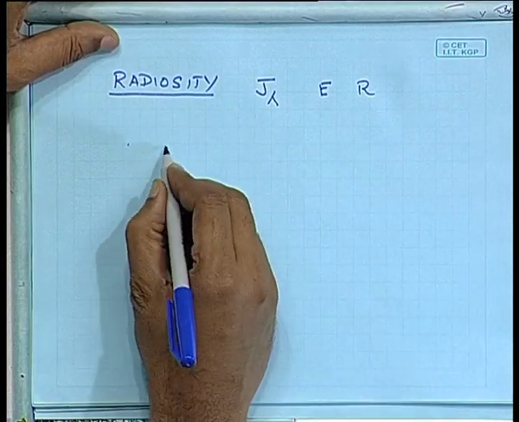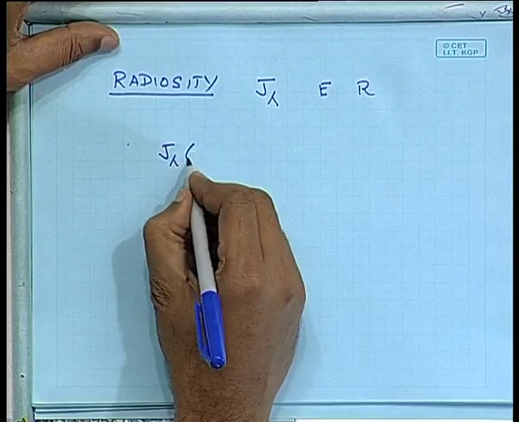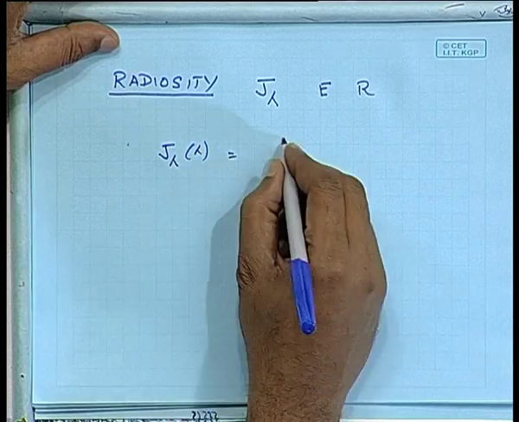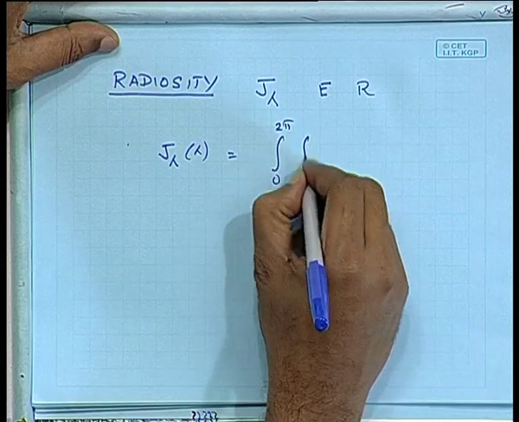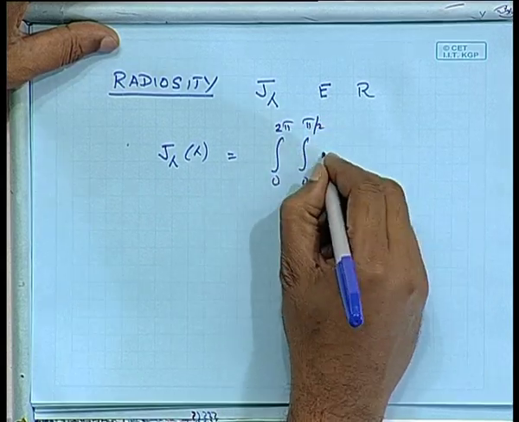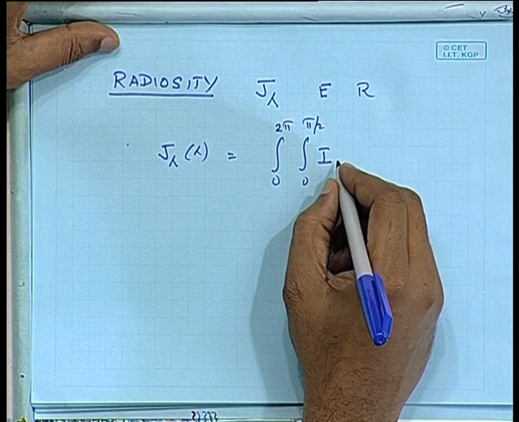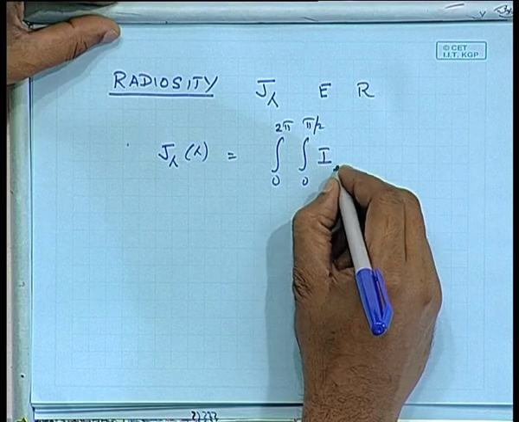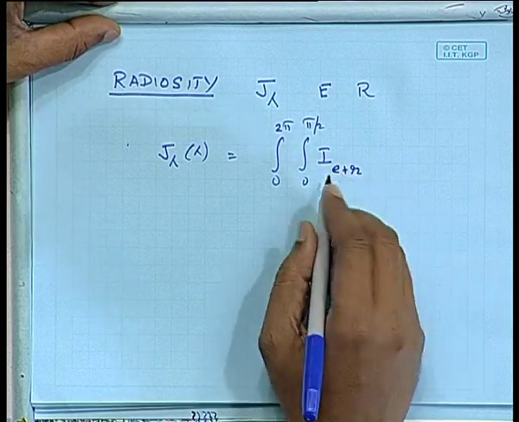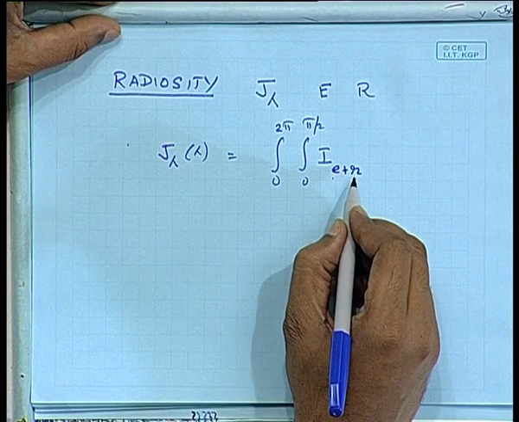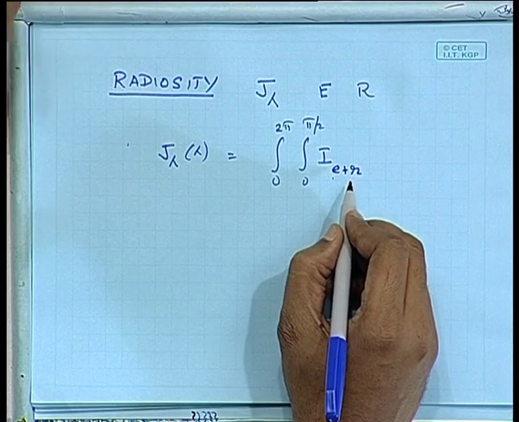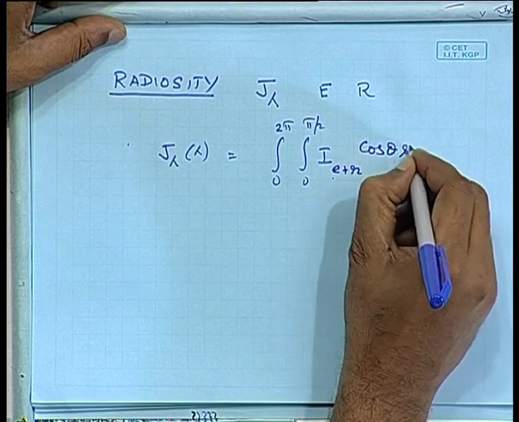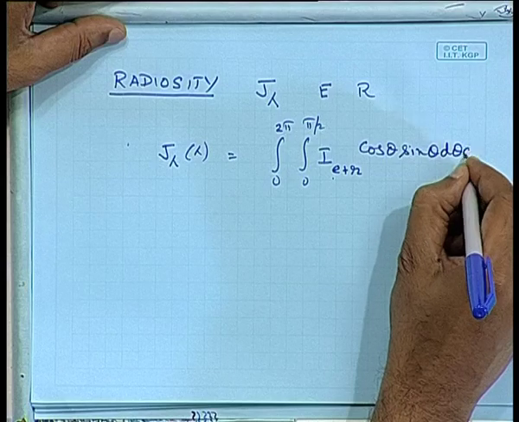So, if we think of the spectral radiosity of a surface into a hemispherical space, the same way as we have done before, except intensity, which we so far know as emission intensity, is going to be replaced by E plus R, emission plus reflection. It is an intensity considering both of them, emission as well as reflection, and then the rest of the things would remain the same: cos theta, sin theta, d theta, d phi.